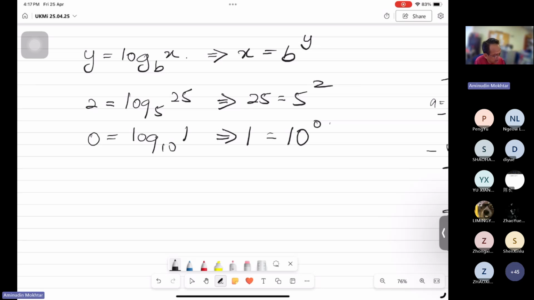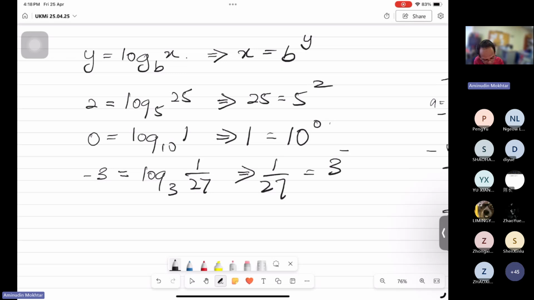And then we have another one: negative 3 equals log base 3 of 1 over 27, for example. The exponential form is 1 over 27 equals 3 to the power of negative 3, which is 1 over 3 to the power of 3. That's the relationship between the log and the exponential.